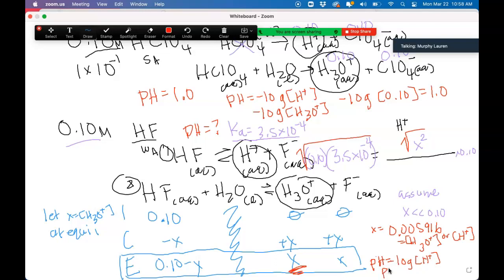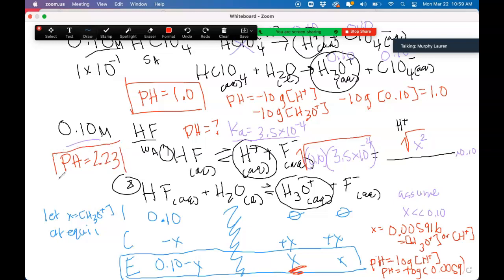So pH is the opposite of the log of 0.005916. So what does the pH end up being? This one is like 2.23, if I remember correctly.